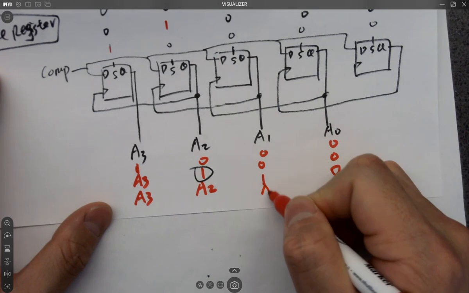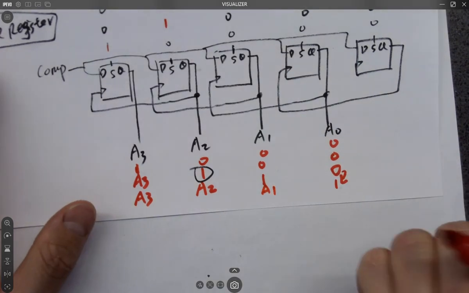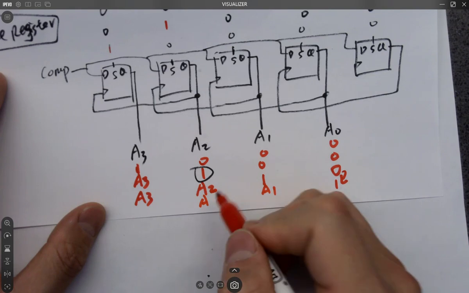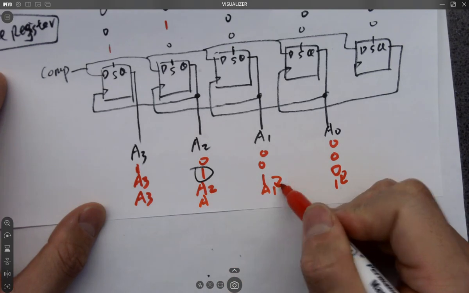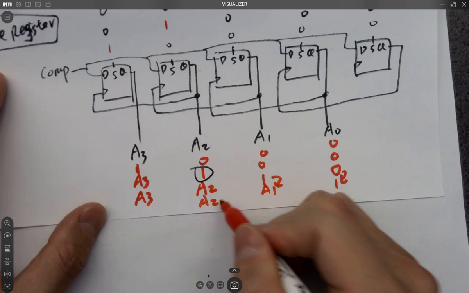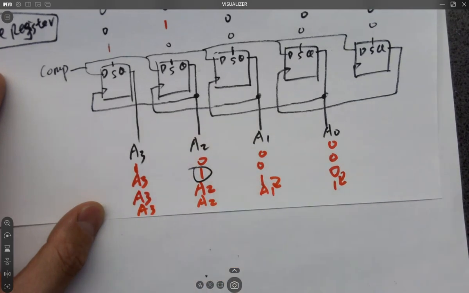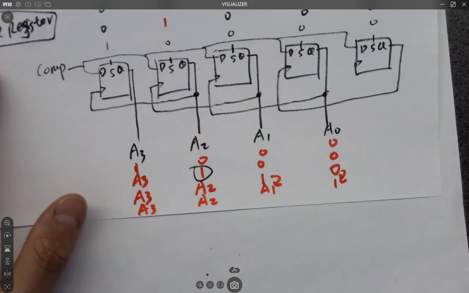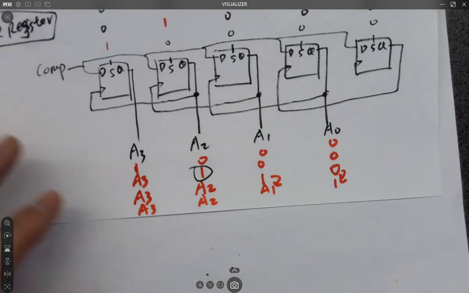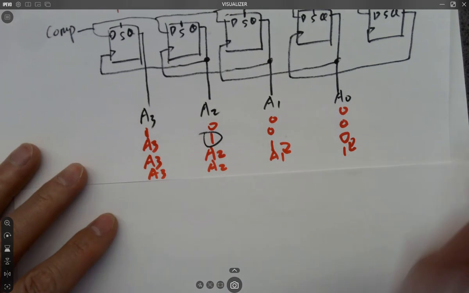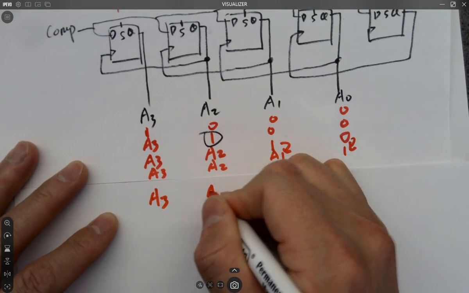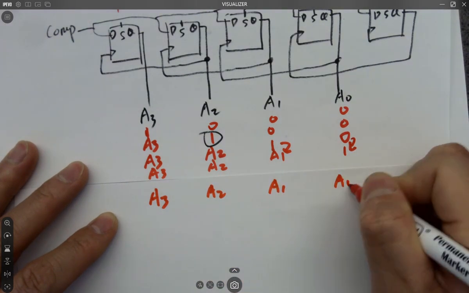A1 to it, which is the new comparator's output, and these ones will remain the same. Why? Because there's no rising edge. Okay, and keep going. Eventually you are getting A3, A2, A1, A0.